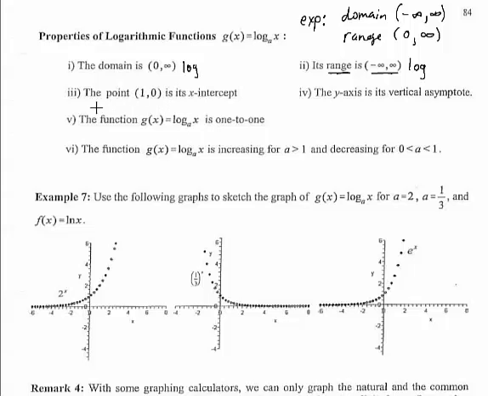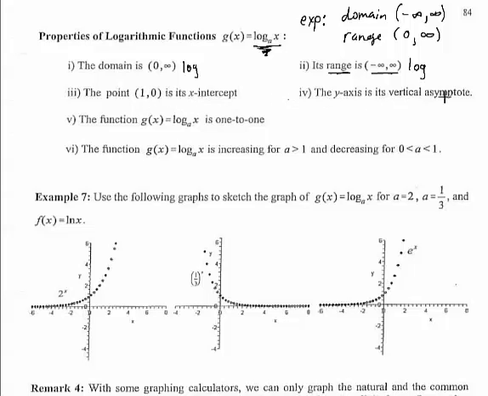Okay, 3, the point (1, 0) is its x-intercept. And if we strictly follow this format of the log equation, no numbers in front multiplying the log, just a log with a base and an argument x, then we'll always get the x-intercept as (1, 0).